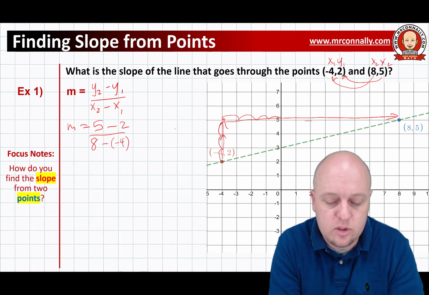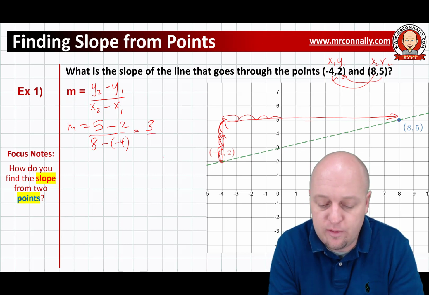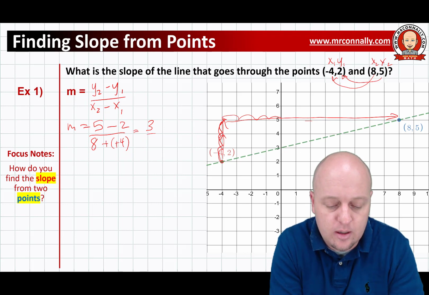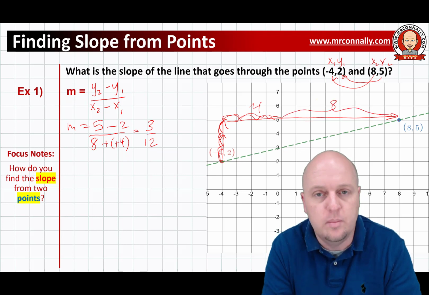Okay, so 5 minus 2 we know is 3, because that's 1, 2, 3, and that makes sense because we already counted it. Now what about 8 to negative 4? If I subtract those, that's the same as adding the opposite, which makes this 12. So I actually had a run of 4 here. That makes sense because here's 4 and this distance is 8, so 8 plus 4 would be 12.